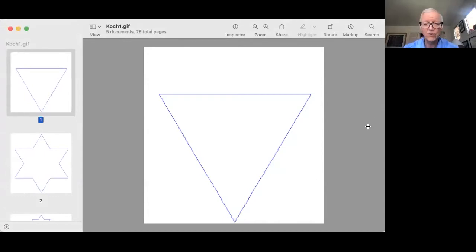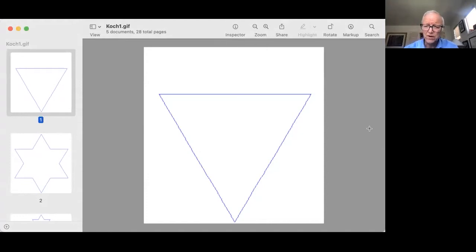You may have heard that snowflakes are fractals. And there was a German mathematician, Helga von Koch, who tried early last century to make one, to understand the structure of a snowflake.